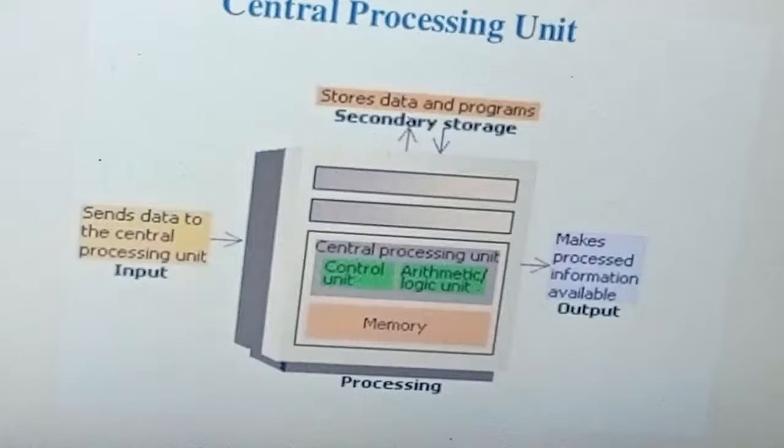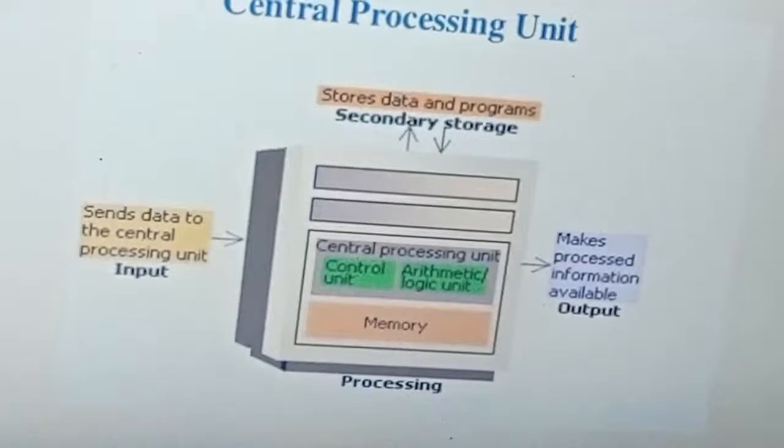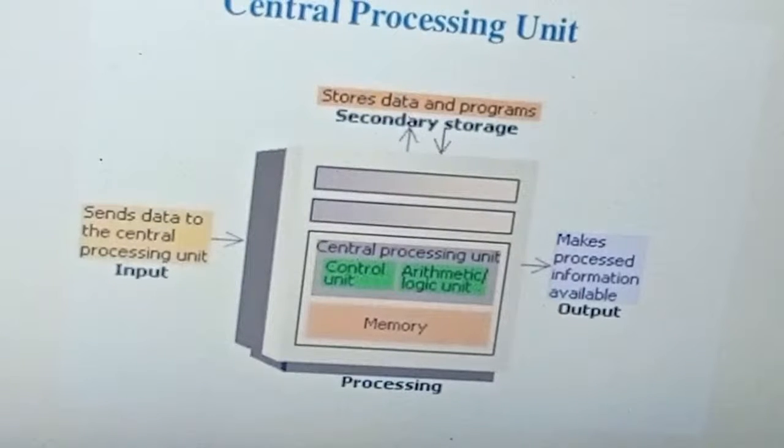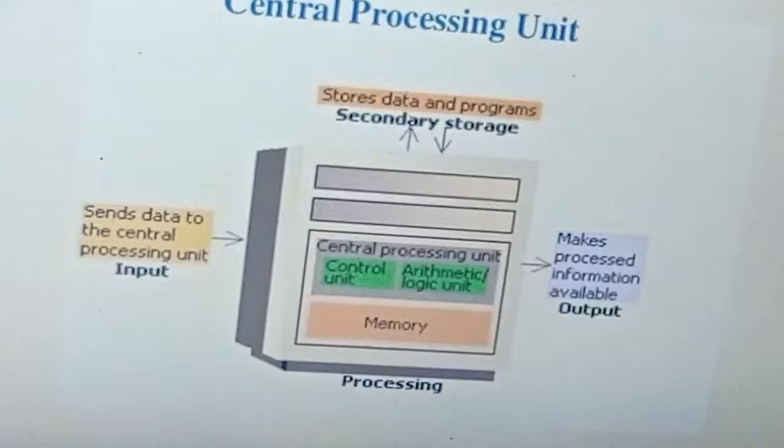This CPU is the heart of the computer, the component that actually executes the instructions organized in a program, which tells the computer what to do. It converts input data to information as an output.